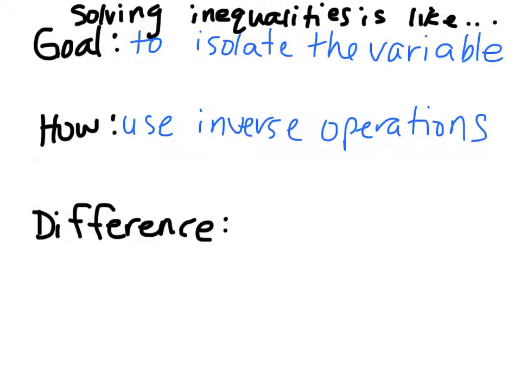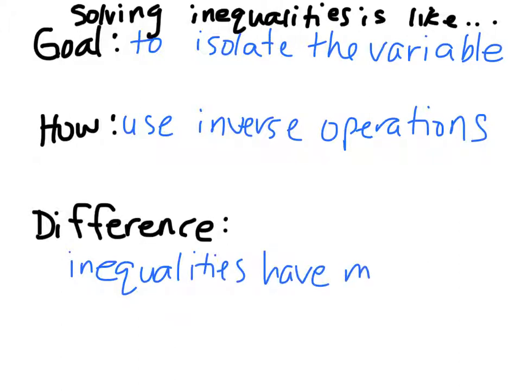The main thing that is different is that inequalities have many solutions. Equations only have one solution. Sometimes they have none or infinite, but in general, equations have one solution.